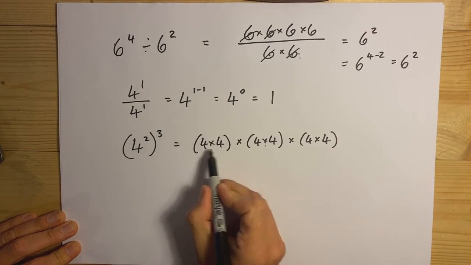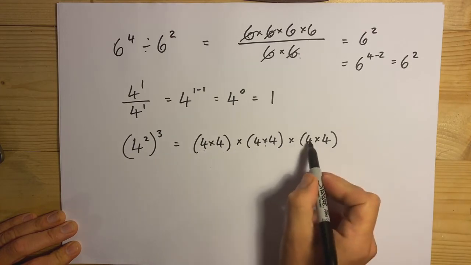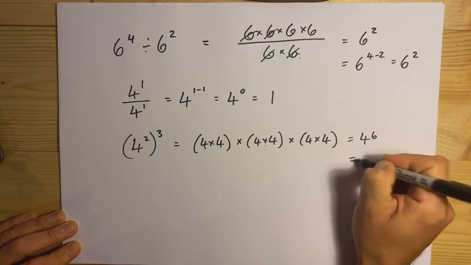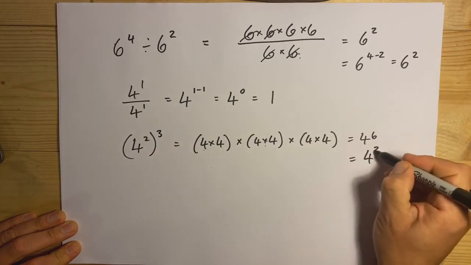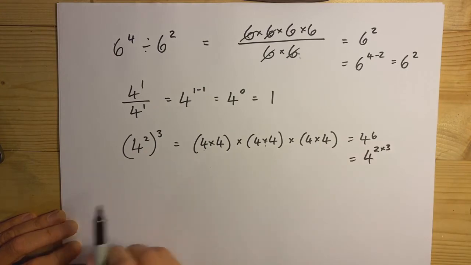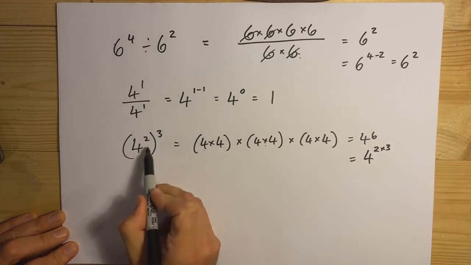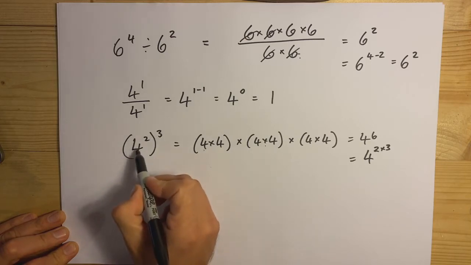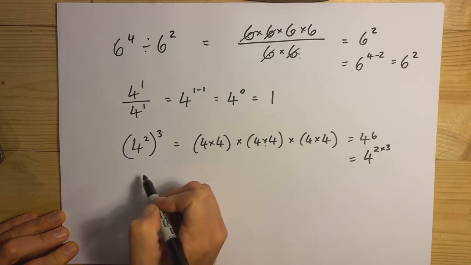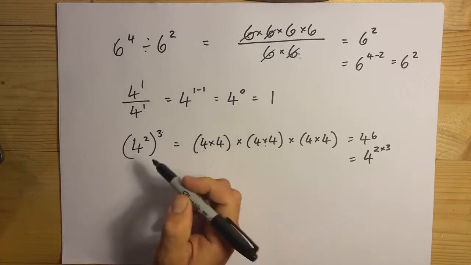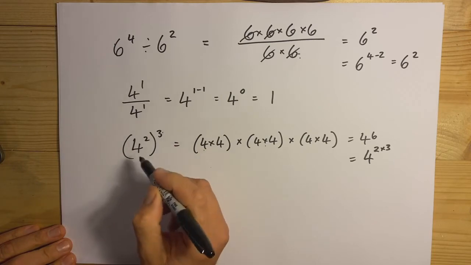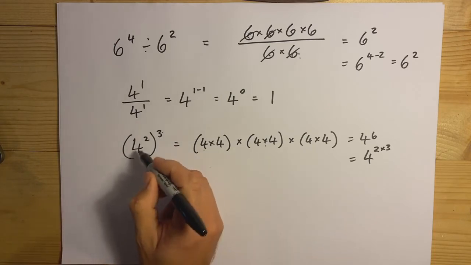And you can see that's 1, 2, 3, 4, 5, 6. 4 to the power 6, which is the same as 4 to the power 2 times 3. So if we're in this kind of situation, we multiply. So 4 squared cubed would be the same as 4 to the power 2 times 3. Okay. 10 to the power 7 cubed would be 10 to the power 21.